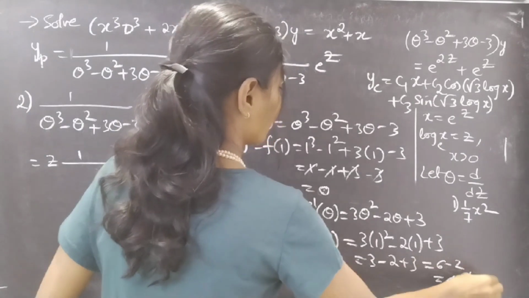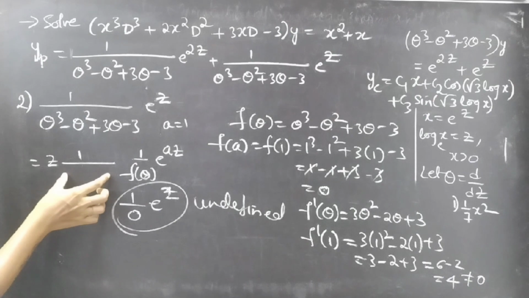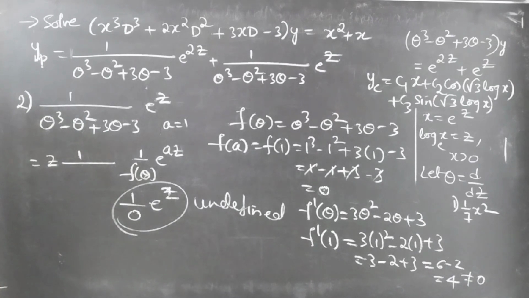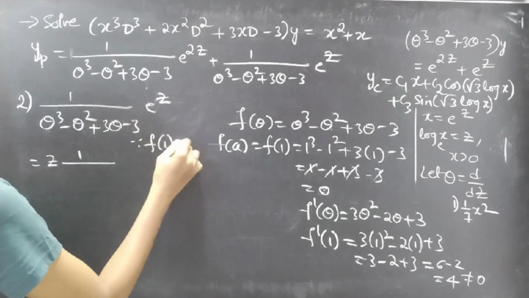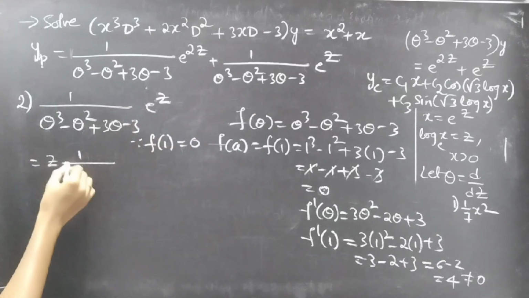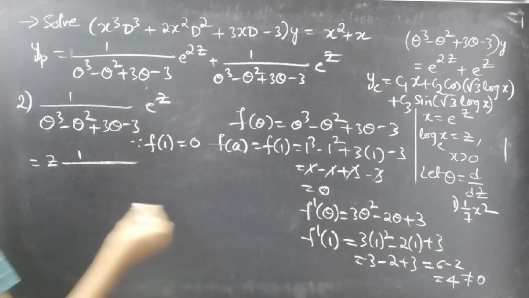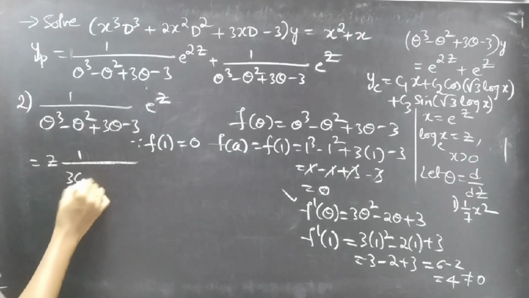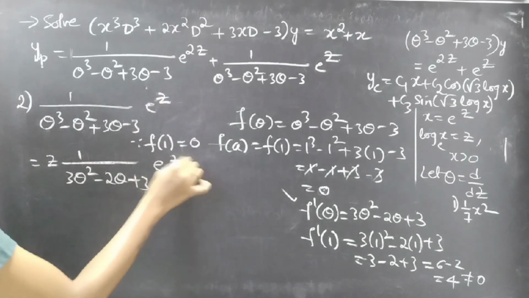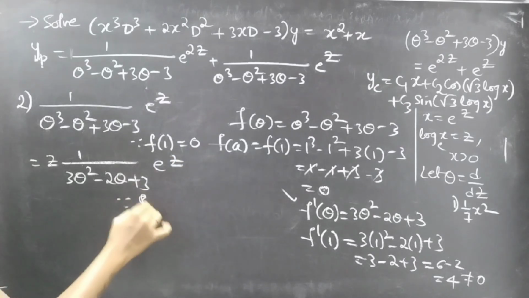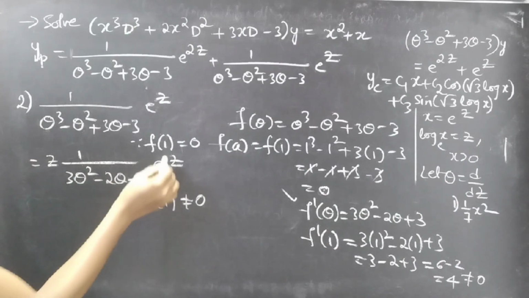Which is non-zero. Now just write f dash of theta in the denominator of the second term. Since f of 1 is 0, we'll write z into 1 by f dash of theta, that is 3 theta square minus 2 theta plus 3 into e power z. Since f dash of 1 is non-zero, we'll replace theta by 1.